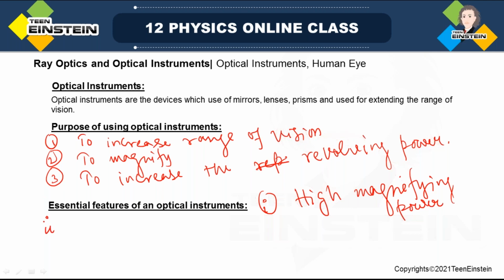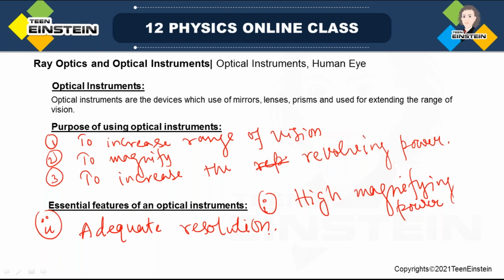Second thing is adequate resolution. Resolution, I have already told this. So these are the essential features of the optical instruments. Any small object we can see in a bigger size, that is magnification.